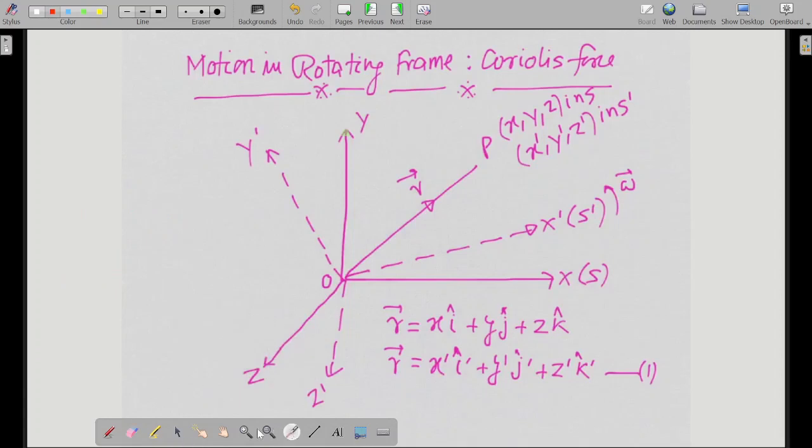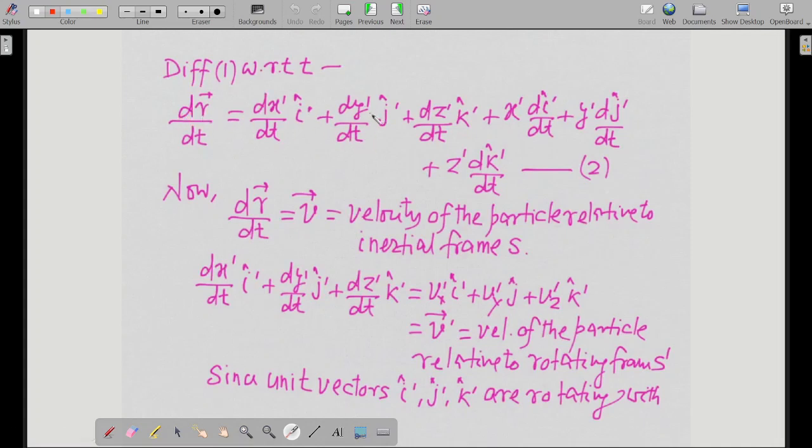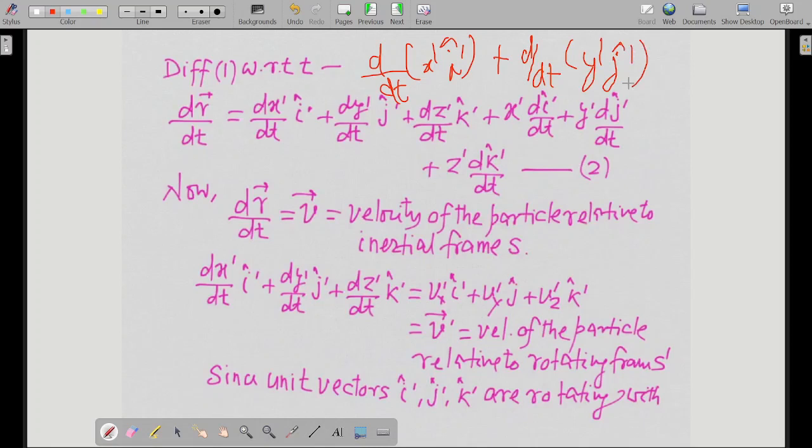The expression which you get after applying the UV rule over equation 1 is something like this. You can check term by term. After I applied d by dt, d by dt of x prime i cap prime, plus d by dt of y prime j cap prime, plus d by dt of z prime k cap prime.